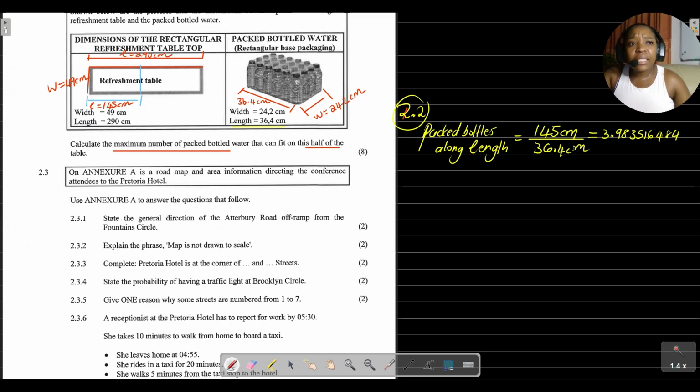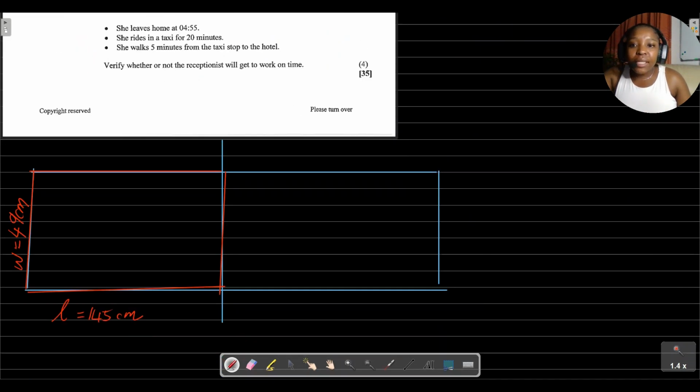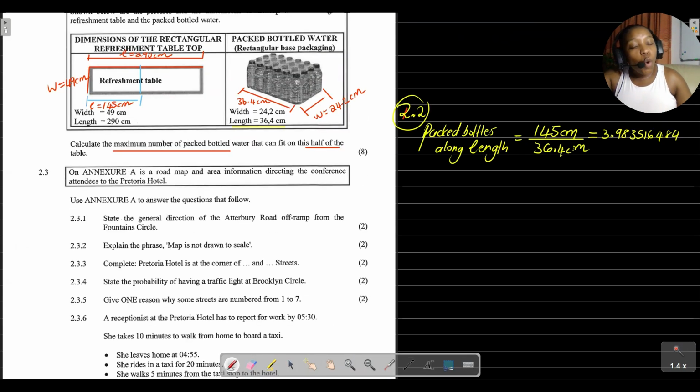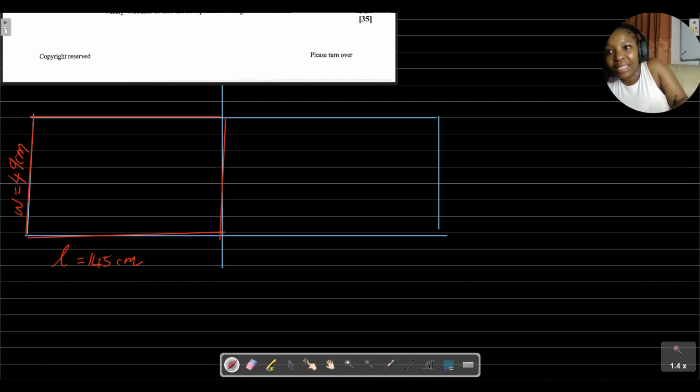That doesn't make sense because they told us that there mustn't be an overlap. So it basically means that we can only fit 3 packed bottles along the length. Along this length, I can only fit 1, 2, 3 packed water bottles.